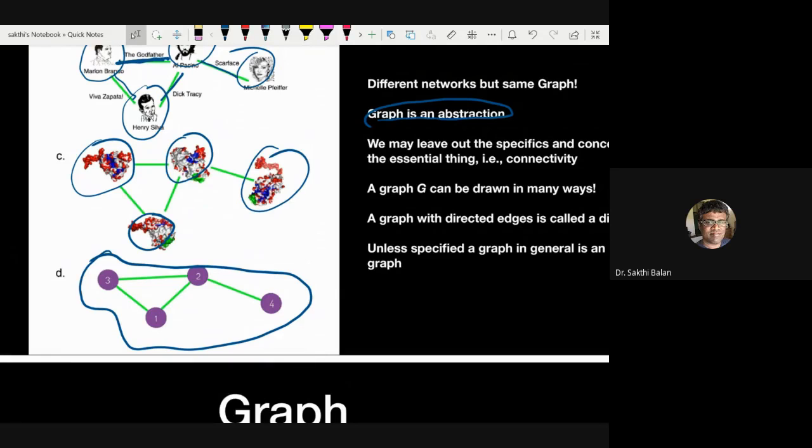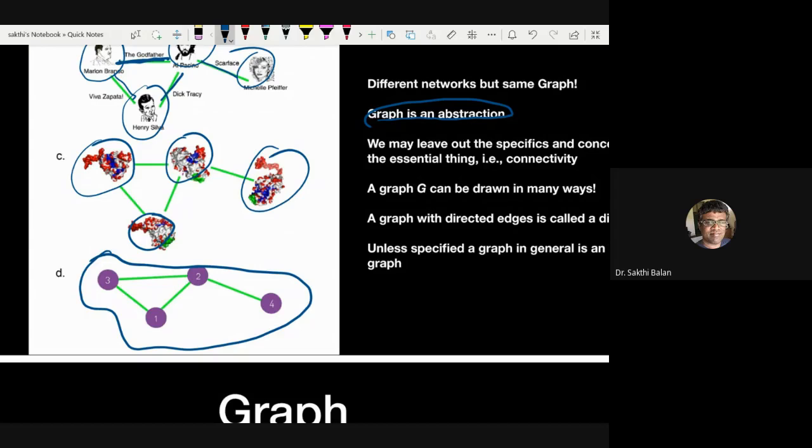When we are talking about a graph, we are talking about something abstract, not going into the specificity. So if I say 2 and 3 are connected, and 2 and 3 are some cities, then 2 and 3 are connected.